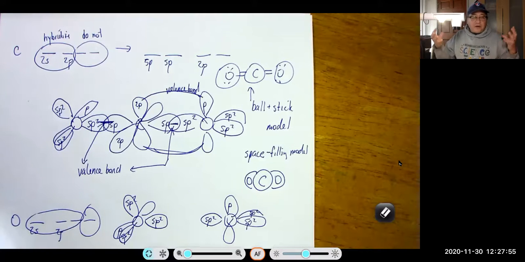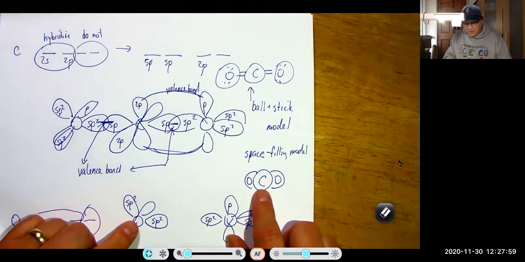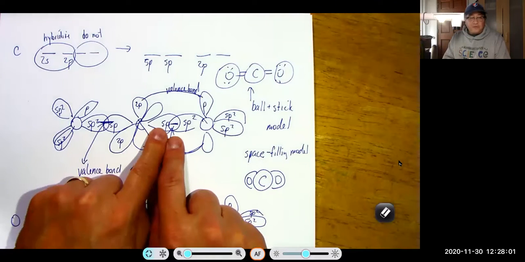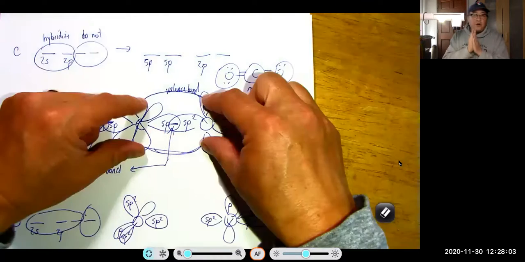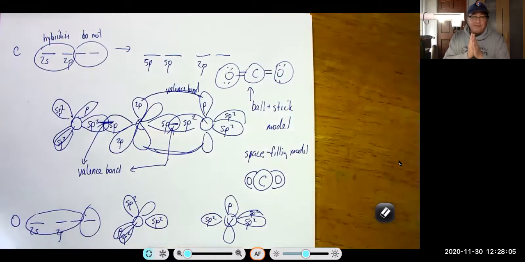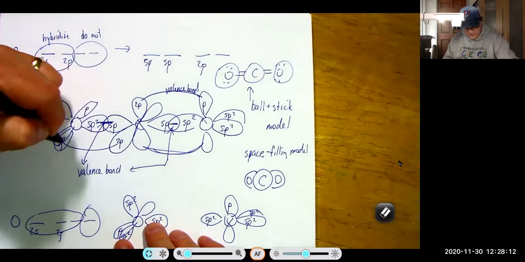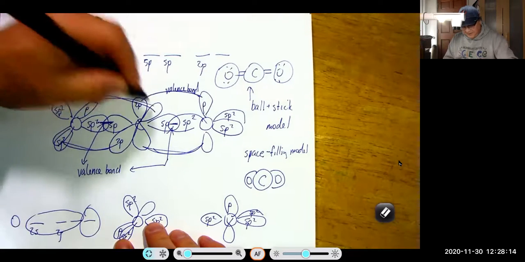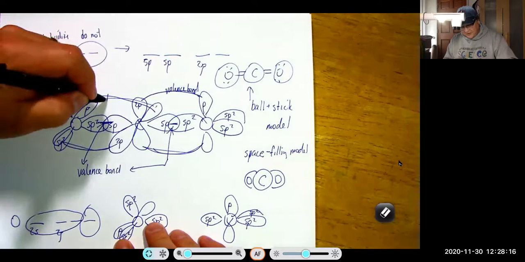The bonds are where the atoms touch. So when you think of the space filling model, you know absolutely for sure that these two p orbitals come close enough to touch and overlap. Okay? All right. Now here's another bond here. This p and this p. So this is a valence bond.